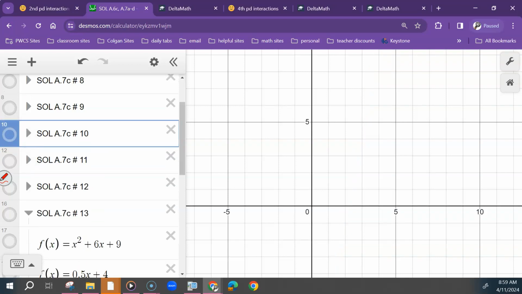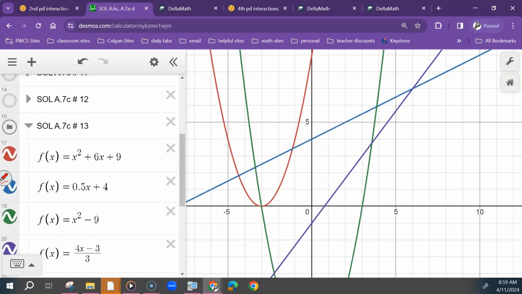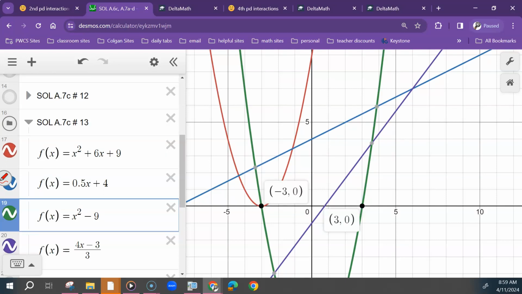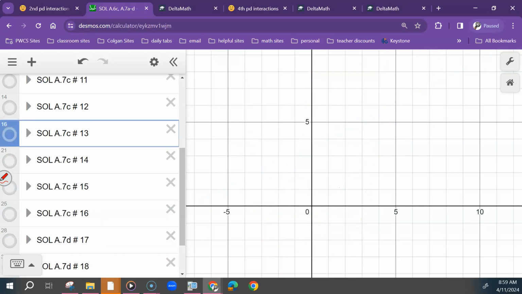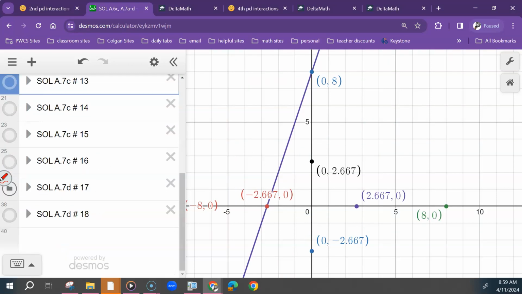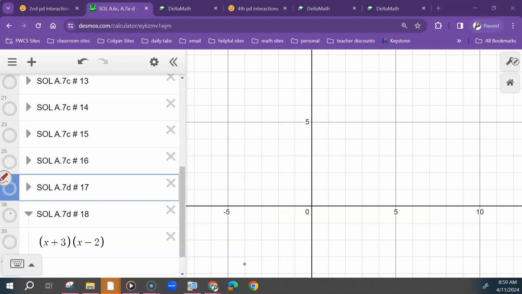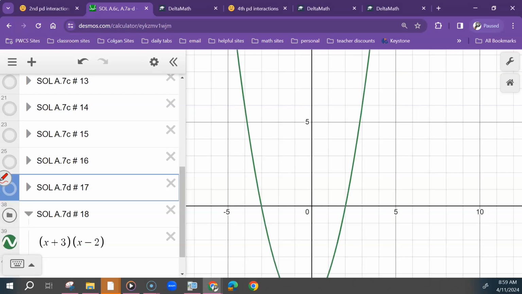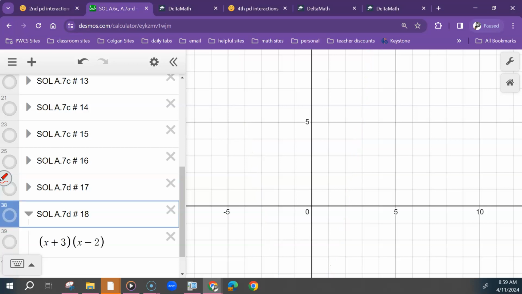For the one that asked about which one had two distinct zeros, if I were to graph all of those, I only have one that crosses the x-axis twice. So that is really easy. Put it in Desmos and see. That was for the x and y answer. For the last question, if you would put in the different factors, you would see that it does match up. So make sure you are utilizing Desmos. Try it. Practice that. Make sure you're working on JLabs and Delta Math, all of those things.